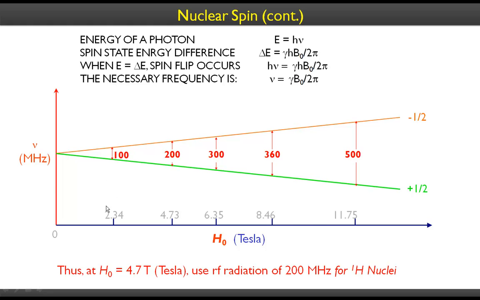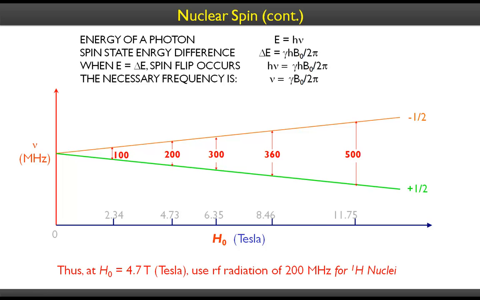Let's say you have a magnet of 4.73 Tesla, and if you were to observe hydrogens in that magnetic field, the spin states of hydrogens or protons would split so much that it would require this wavelength to cause this spin flipping, or to cause a resonance.